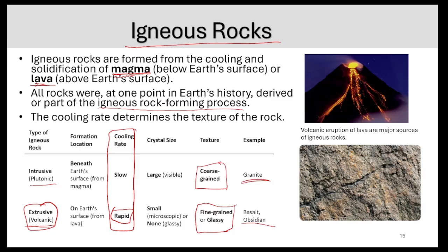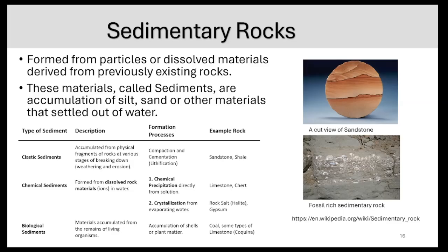And then we have sedimentary rock. Sedimentary rocks are formed at or near the earth's surface, by the consolidation of materials, usually fragments of older rocks or precipitated chemicals.